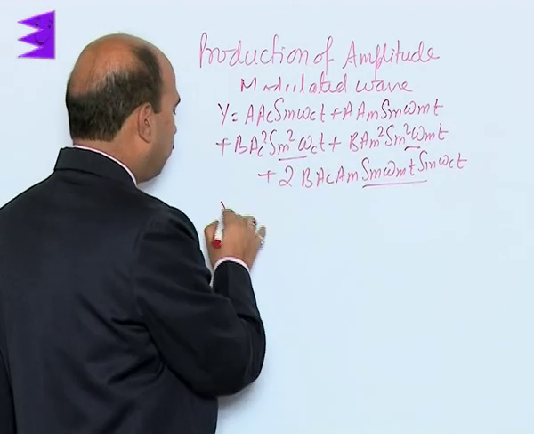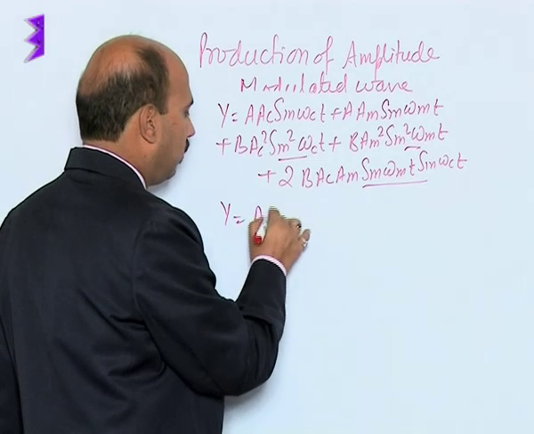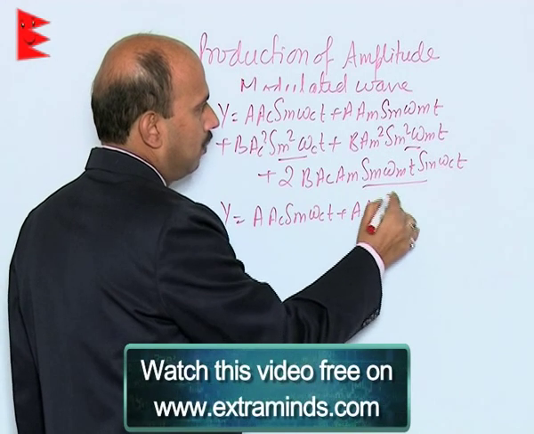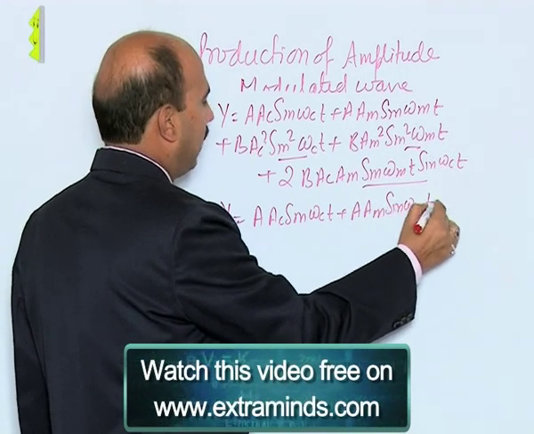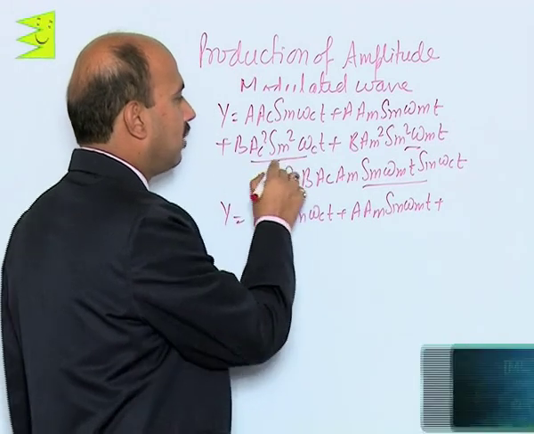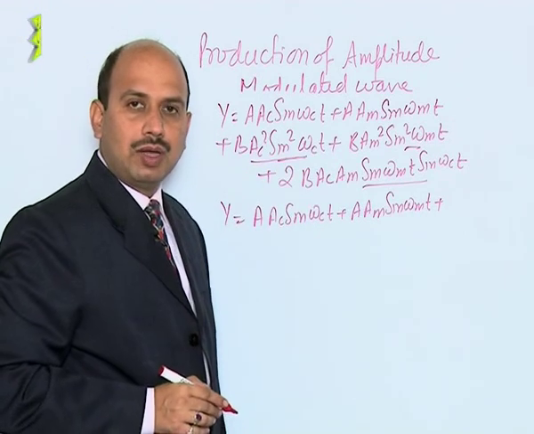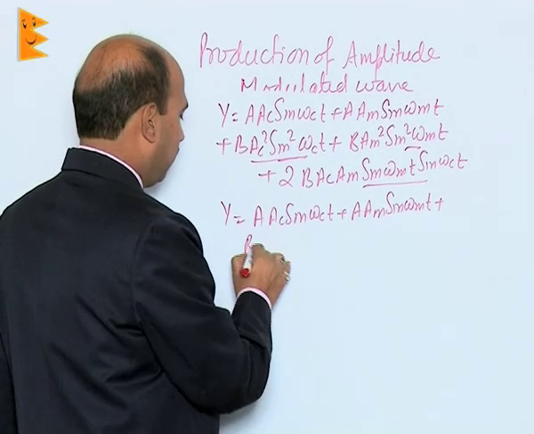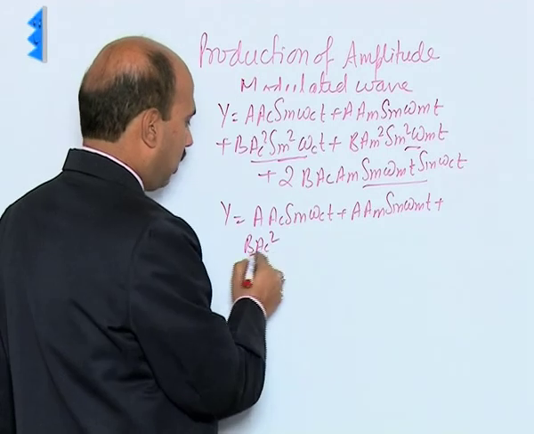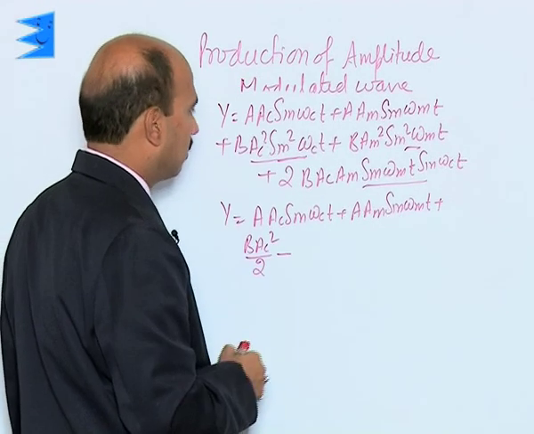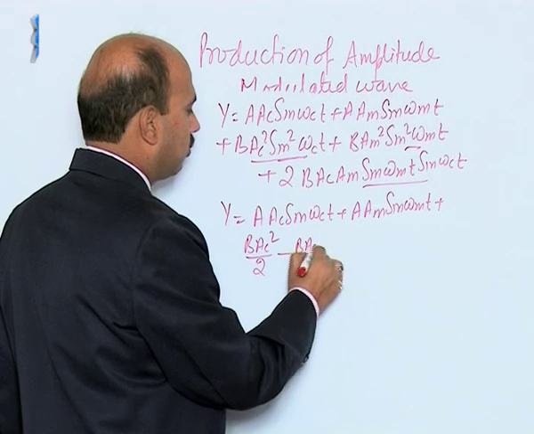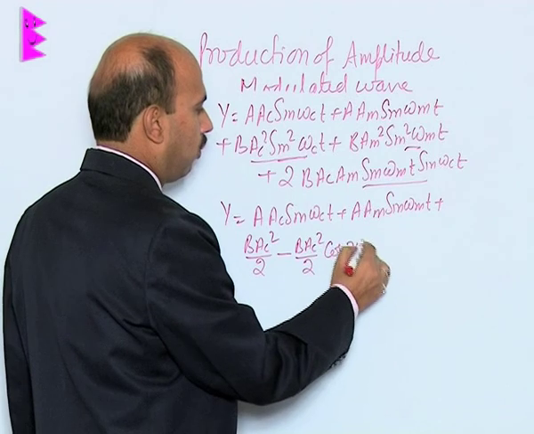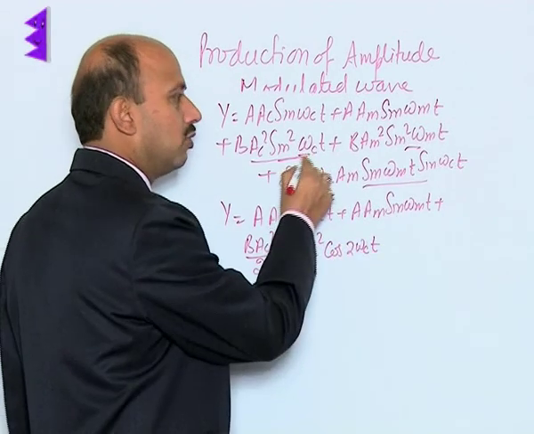When we simplify these parts, we get y equal to a Ac sin omega c t plus a Am sin omega m t plus, for sin squared omega c t, which is sin squared theta equal to (1 minus cos 2 theta) upon 2, b Ac squared by 2 minus b Ac squared by 2 cos twice omega c t.